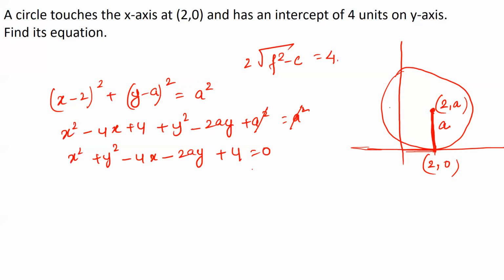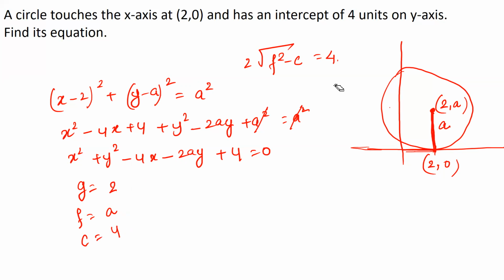So this is my standard equation. Now this means that my g is half, and then change the sign, so it is 2. My f is half, and then change the sign, so it is a, and my c is actually 4.